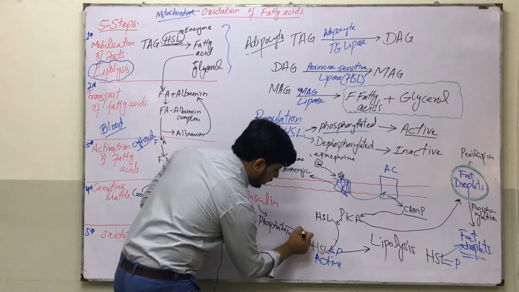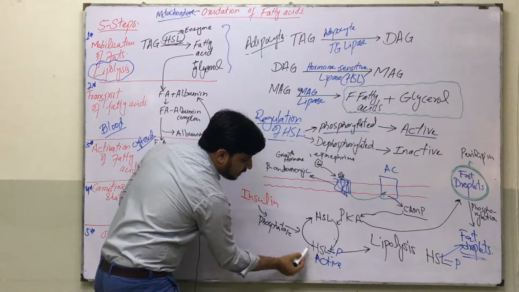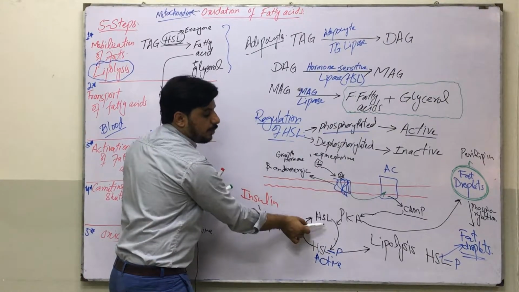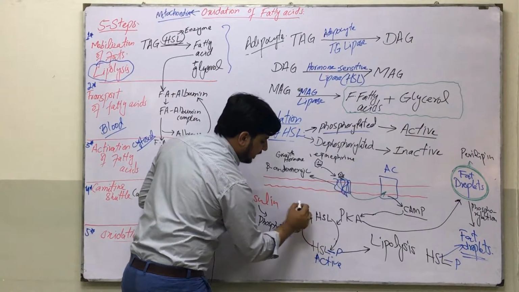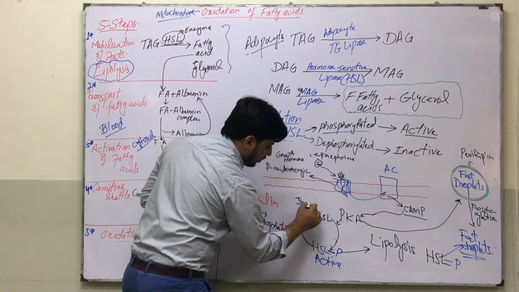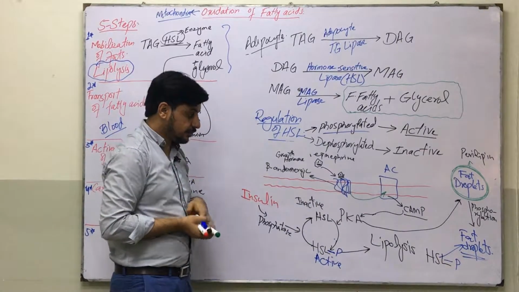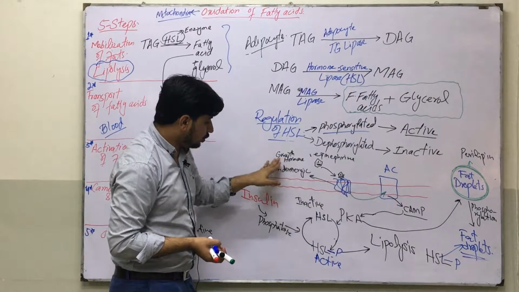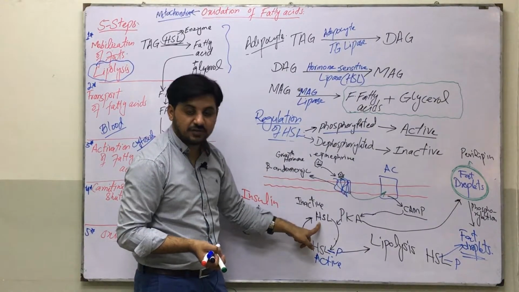It will convert phosphorylated hormone sensitive lipase into dephosphorylated hormone sensitive lipase, and when it is converted into the dephosphorylated form, it will become inactive. Is that clear?